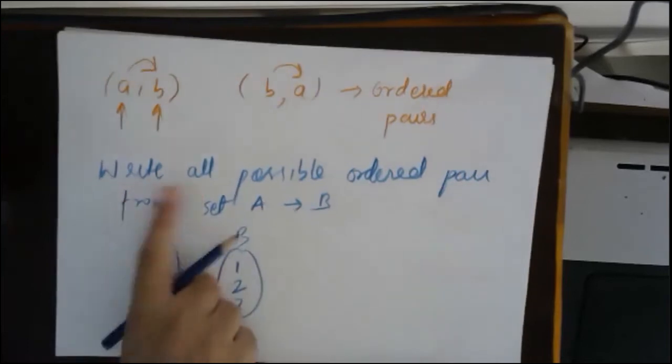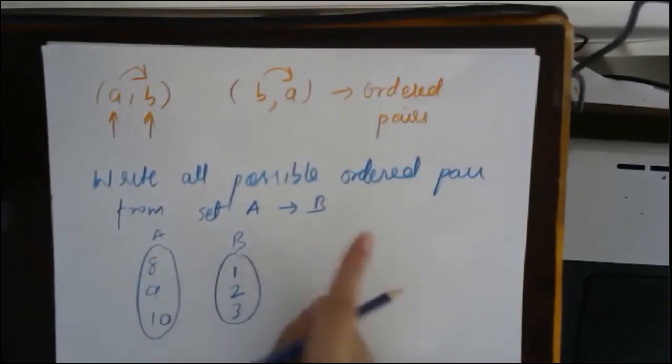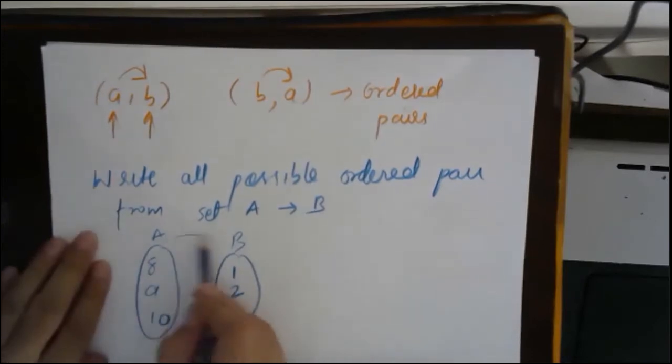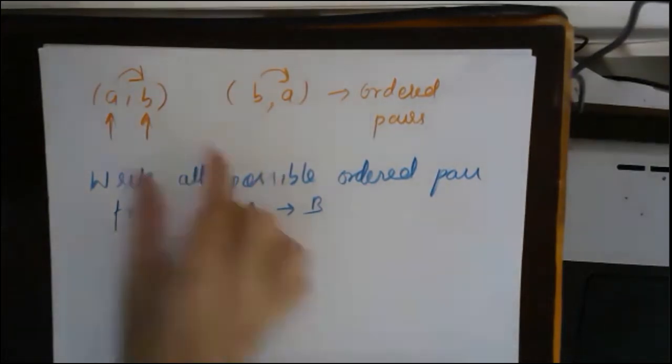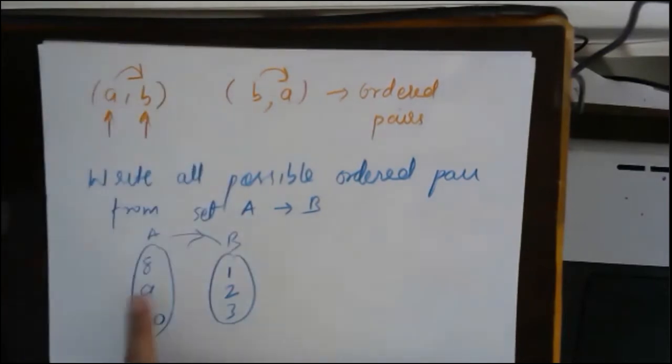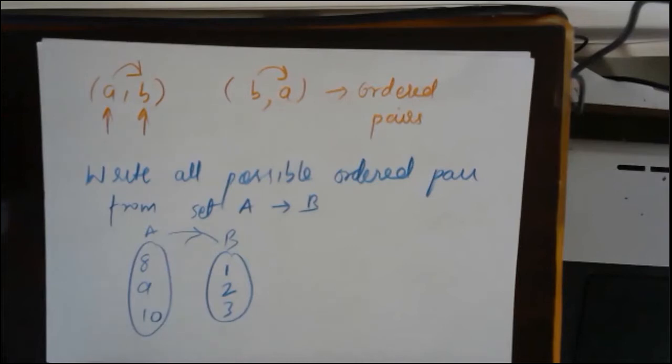Then what will you write? I want you to write it by yourself. Let's see if you write all the elements correctly. Ordered pair means something like this, a comma b, from set A to set B. Let's see if you can write them.